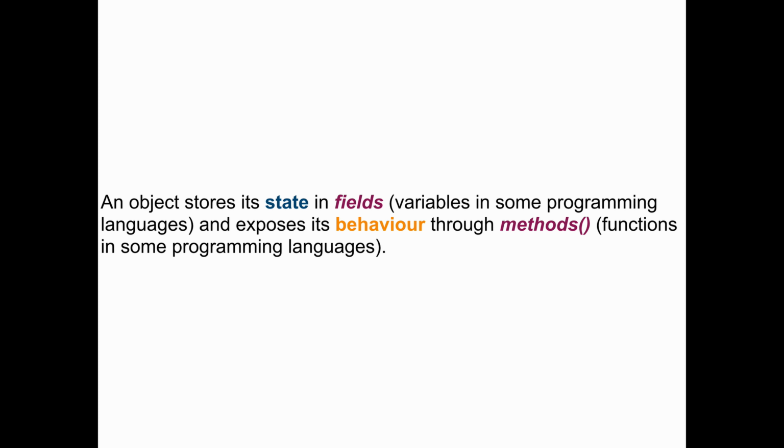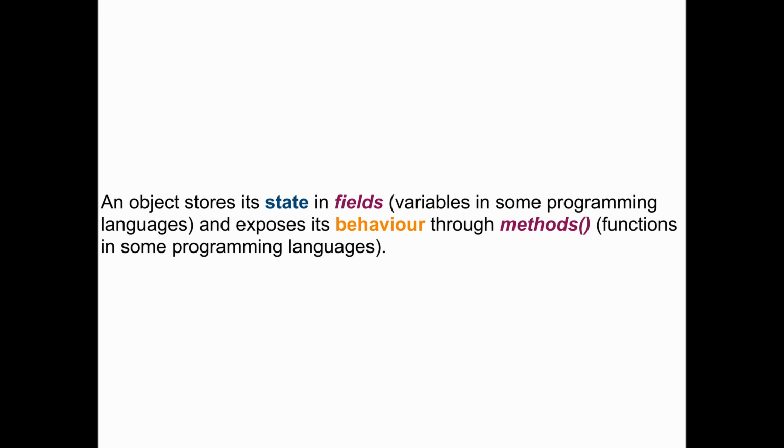So in programming, an object stores its state in fields. So what we'll call a state a field. Now this can be called variable in some programming languages. You'll normally see a variable that belongs to an object. That variable represents the states of the object.